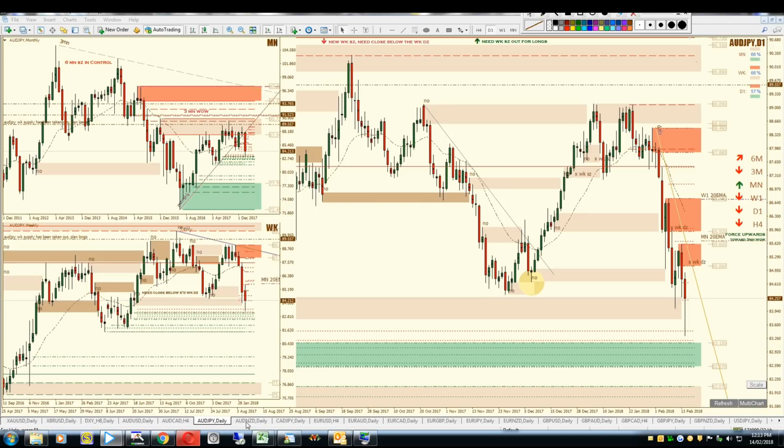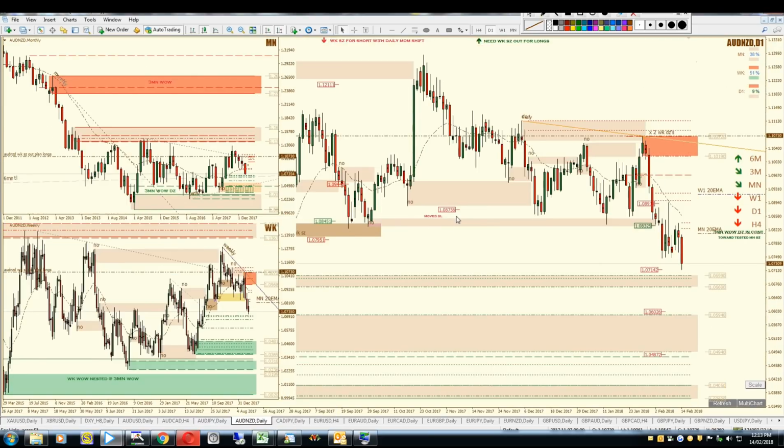Okay, so let's go to Aussie Kiwi. There was a trade signal to go short here, but I canceled that trade signal because we never got consolidation away. All right, what ended up happening was price retraced right back up, which invalidated this zone, but it looks like, you know, it's holding somewhat. The force of price is definitely to the downside.